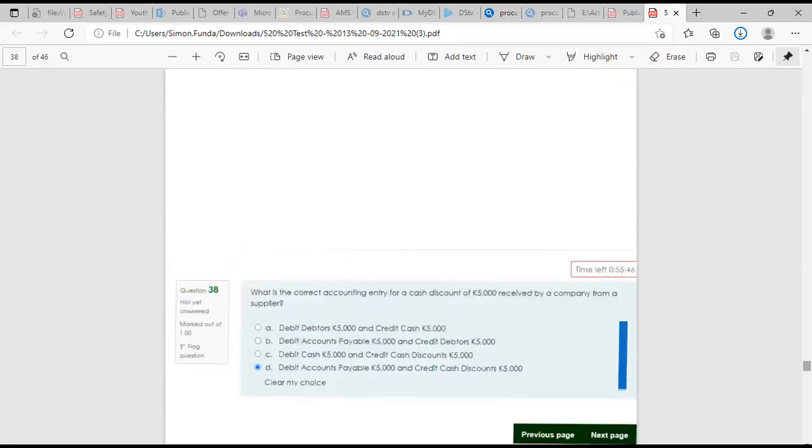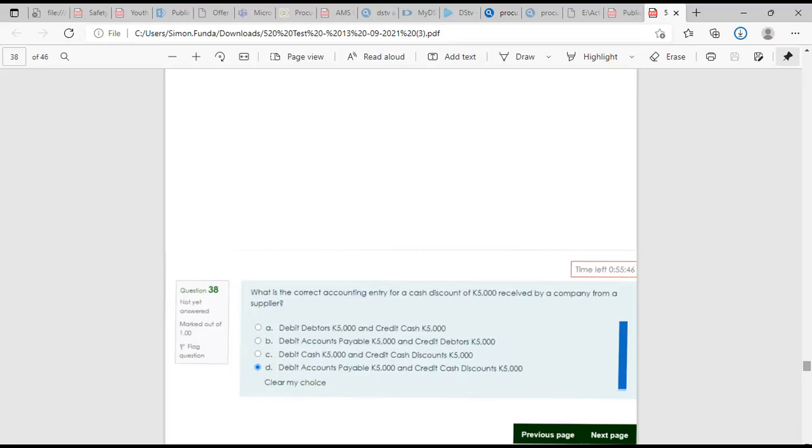What is the correct accounting entry for a cash discount of 5,000 received by a company from a supplier? So we have received a cash discount from a supplier. Which two accounts are affected?